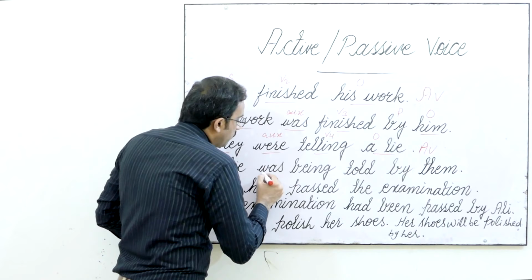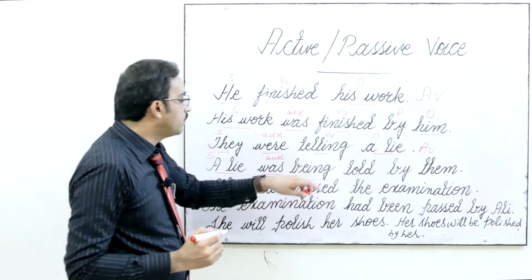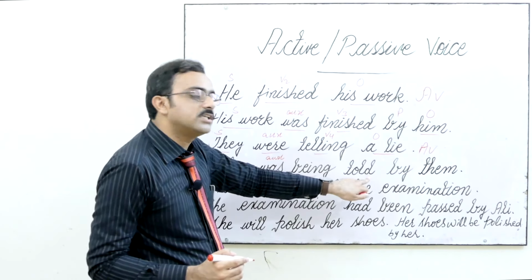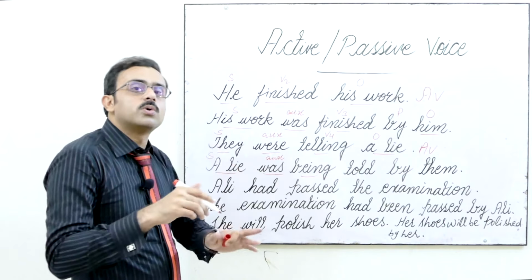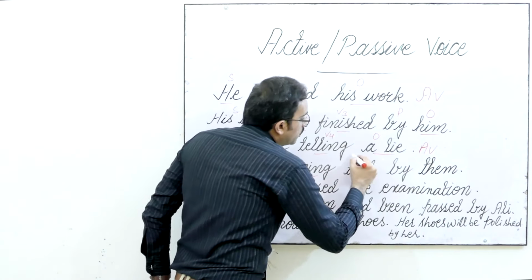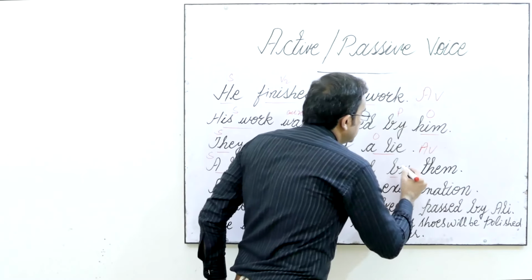So a lie was, this is auxiliary. A lie was being, we are using being just to change telling into told, past participle. A lie was being told, V3, by preposition.